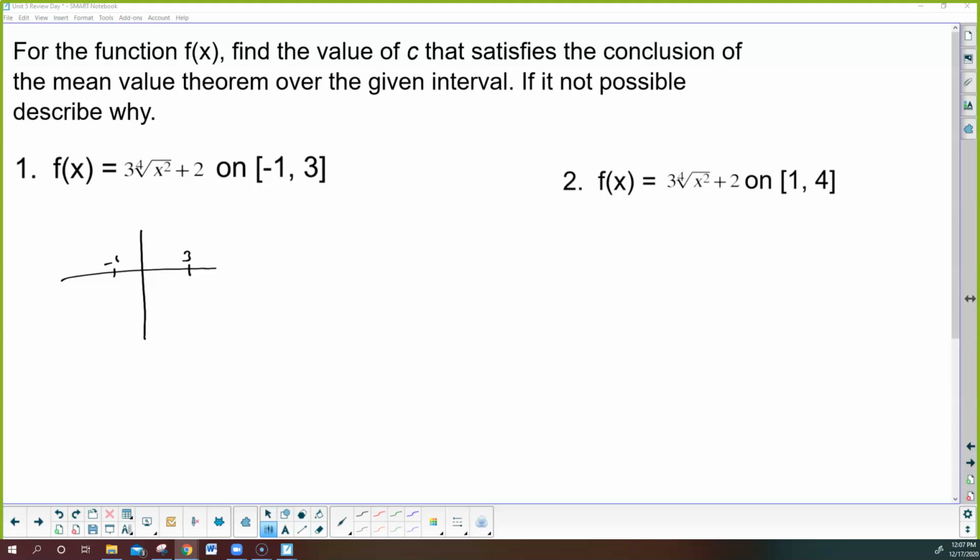But it's important that you understand what we're doing. So 3/4 root of that.